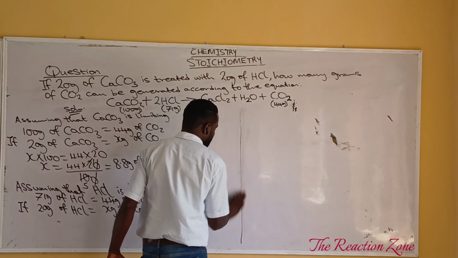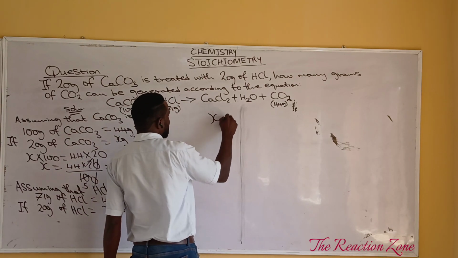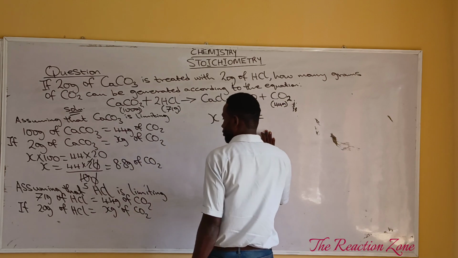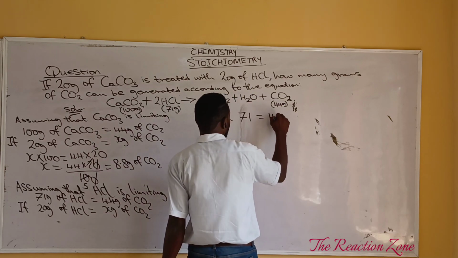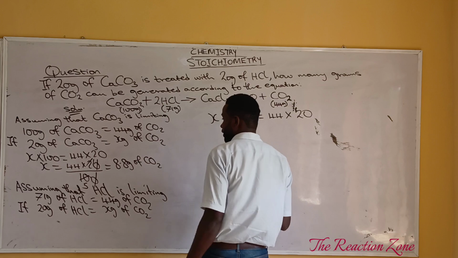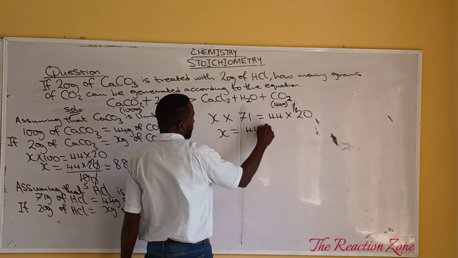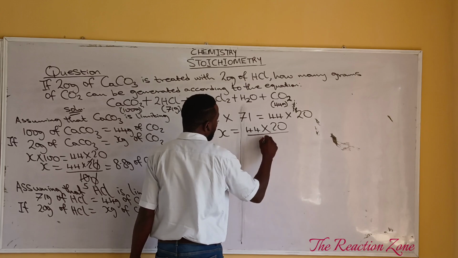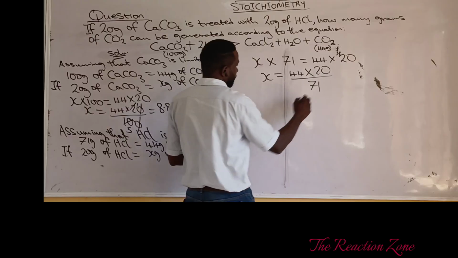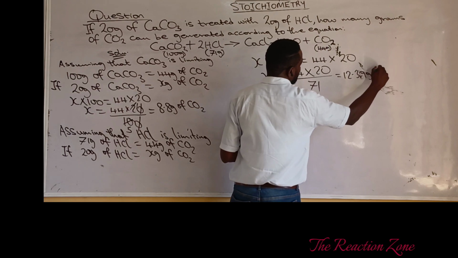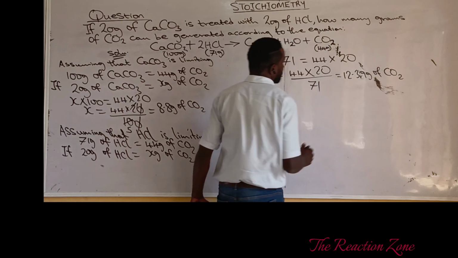And that is going to give us X times 71 will be equal to 44 times 20. So X will be equal to 44 times 20 over 71. And this will give us 12.39 grams of carbon dioxide.